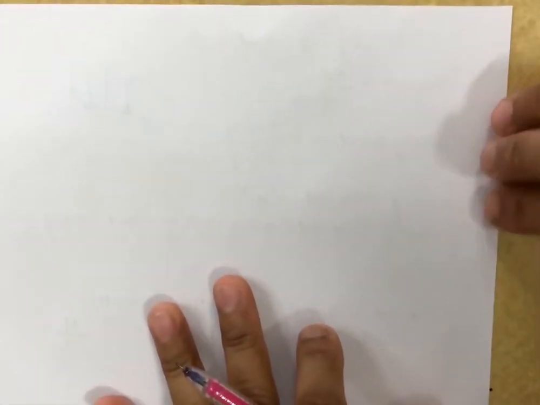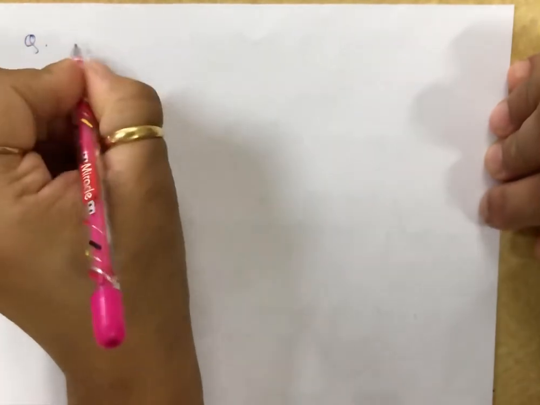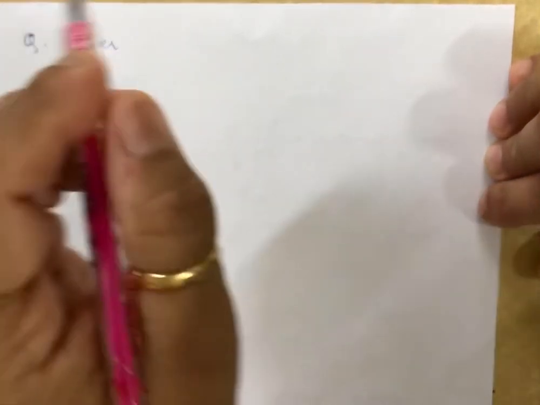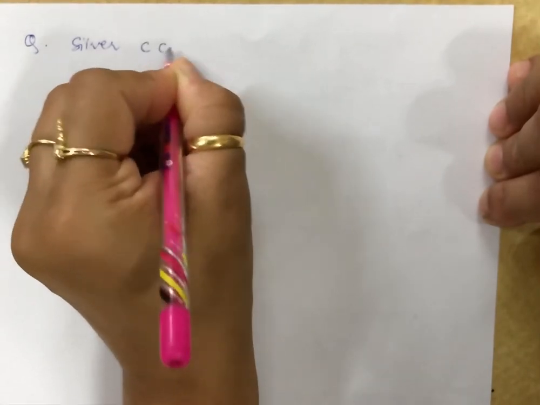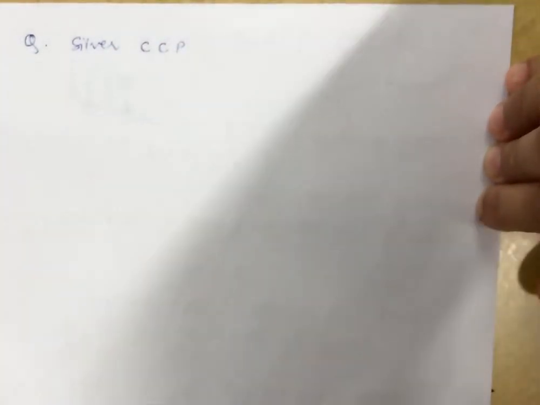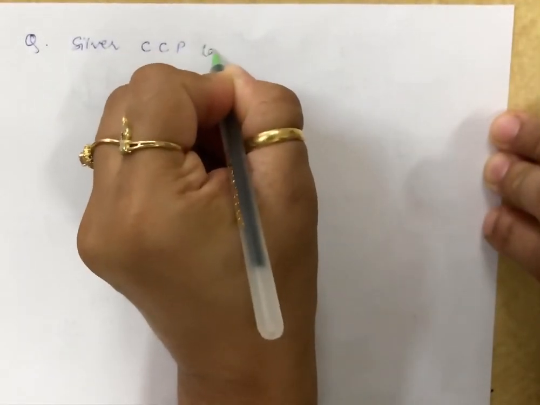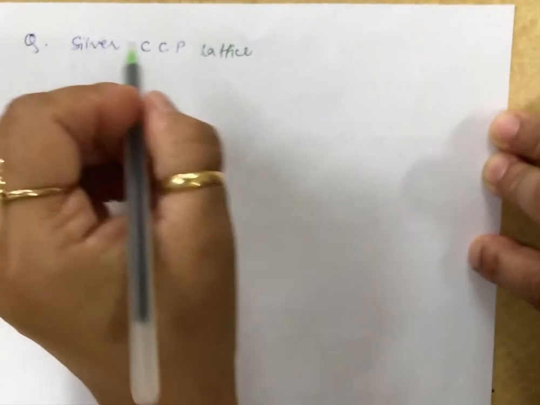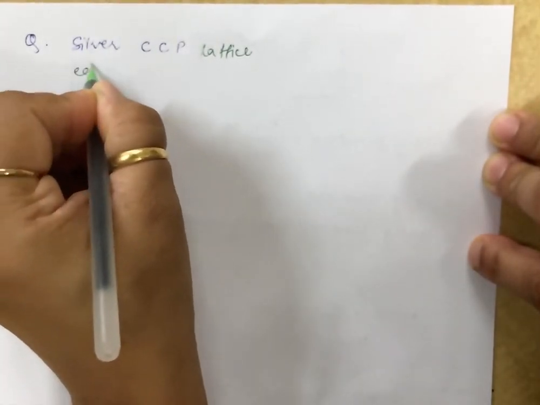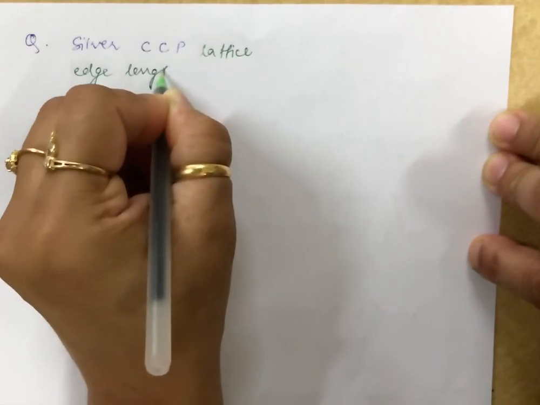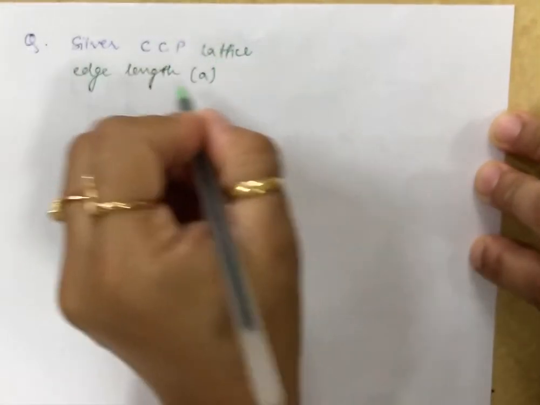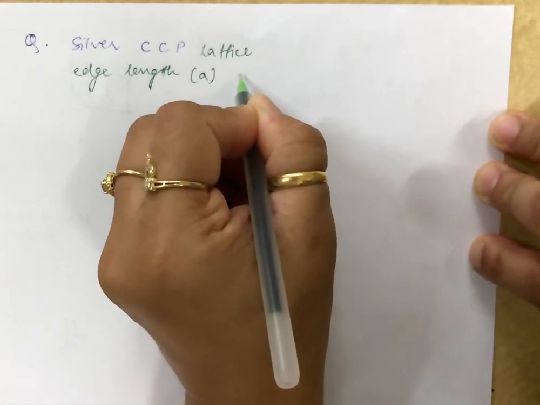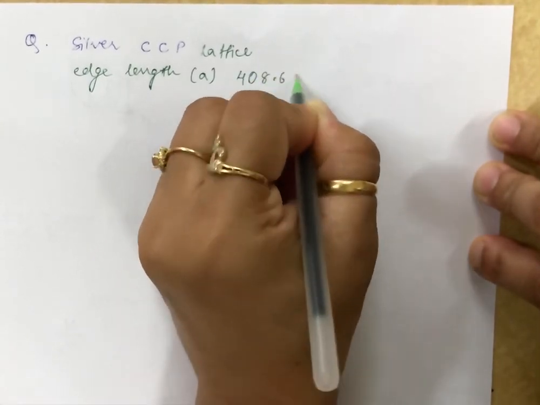So let me give you one of the numericals, where I am giving you the question: you have silver, which forms a CCP lattice, and X-ray studies of its crystal show that the edge length, that is A, which we usually take in the various theories, is given to you as 408.6 picometers.